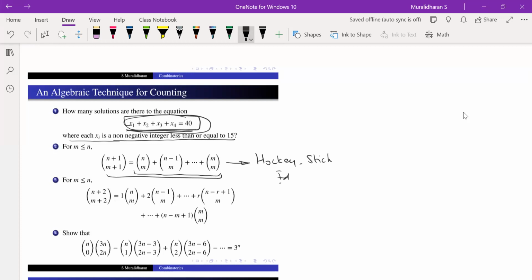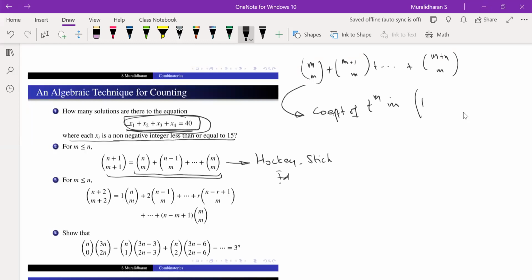Let's look at the right hand side first. The right hand side is MCM plus M plus 1 CM and so on up to M plus NCM. Now this MCM comes as the coefficient of t power m in (1 plus t) whole power m.